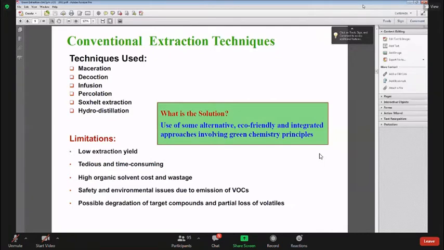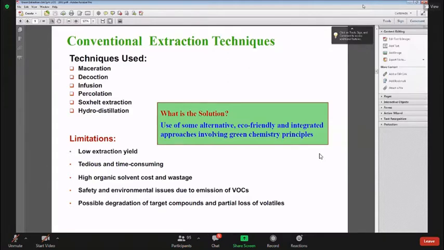However, these conventional methods have certain limitations with regard to low extraction yield. Some of these methods are tedious and time consuming, and some may involve large volumes of organic solvents.